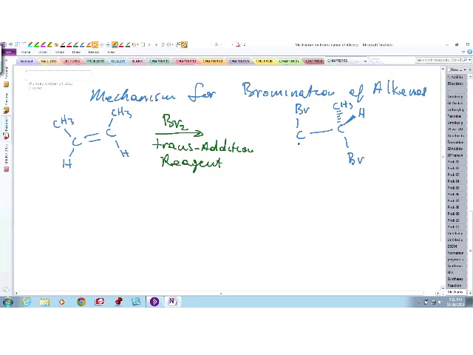Here, the bromine pushes this down, and the hydrogen is here. You can see this is a trans addition product. In other words, those two bromines are attached coming from opposite sides of the molecule. Now, what is the mechanism? This is what happens.